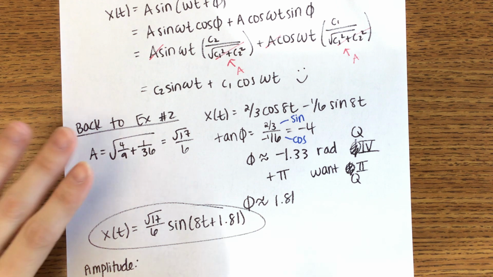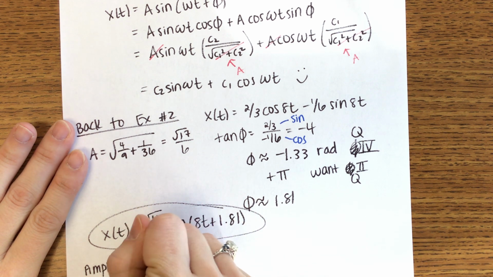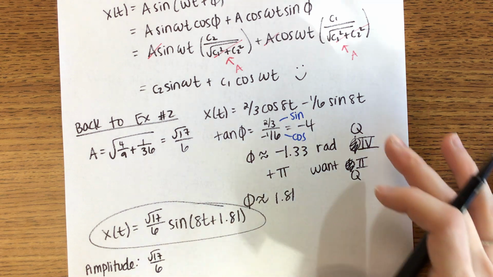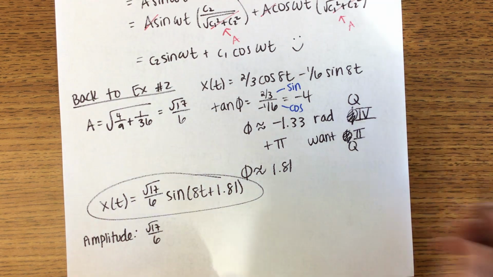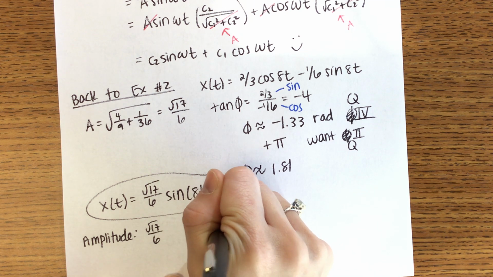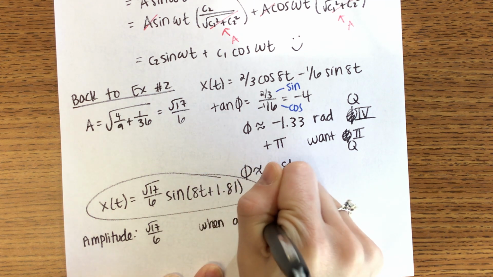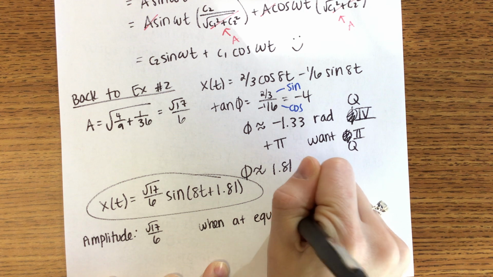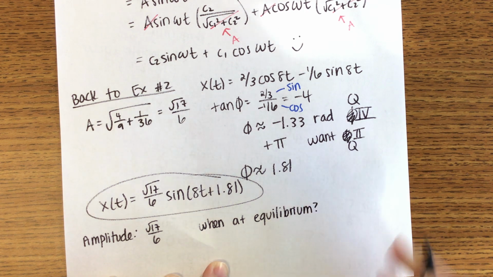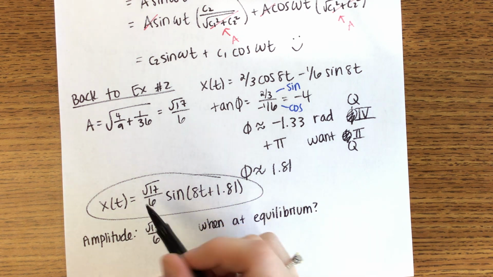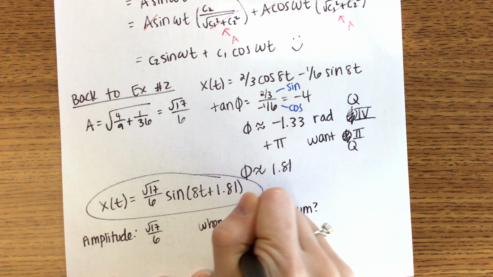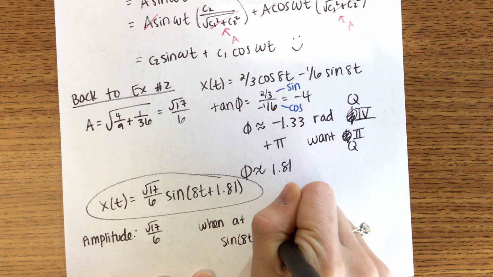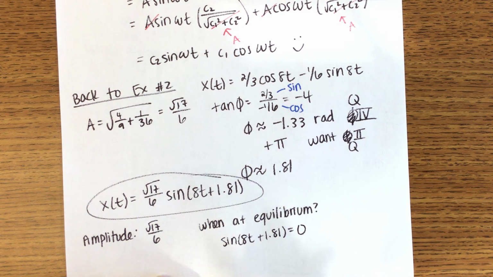I could ask you the amplitude, which is root 17 over 6. So that's the furthest away that the mass is going to get from equilibrium in both directions. I could also ask you when the mass is at equilibrium. So that'll be when your distance away from equilibrium is 0, so when sine of 8t plus 1.81 is equal to 0.